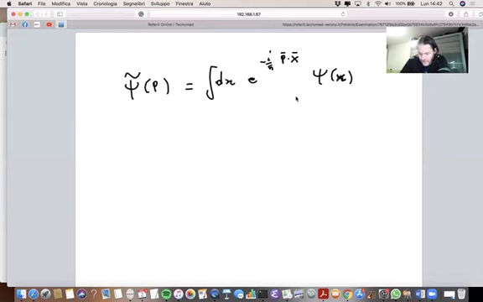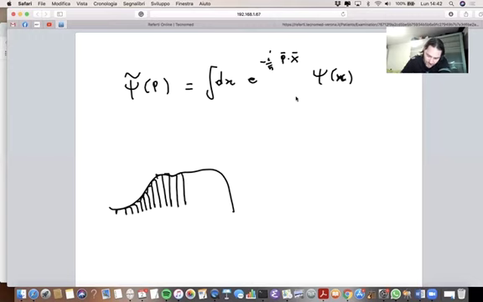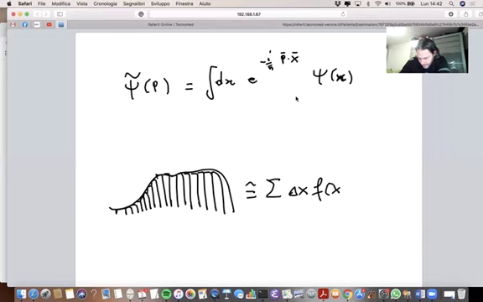Okay, now this is an integral. But after I've done discretization, this integral of my function can be represented as a discrete sum. That's the Riemann definition of the integral, right? You approximate it with the sum of delta x times f of x_i.